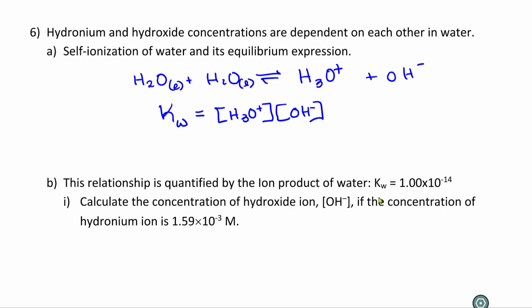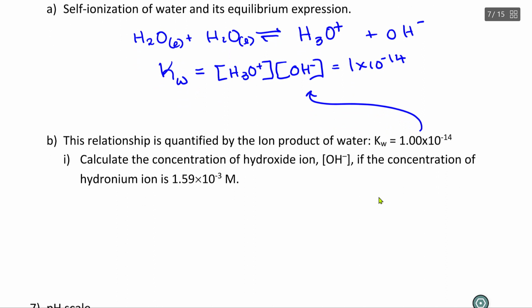That's the equilibrium constant for water, and it's equal to 1 times 10 to the minus 14. So if you're given the hydronium ion concentration, you can use that equation to calculate how much hydroxide is in the solution.